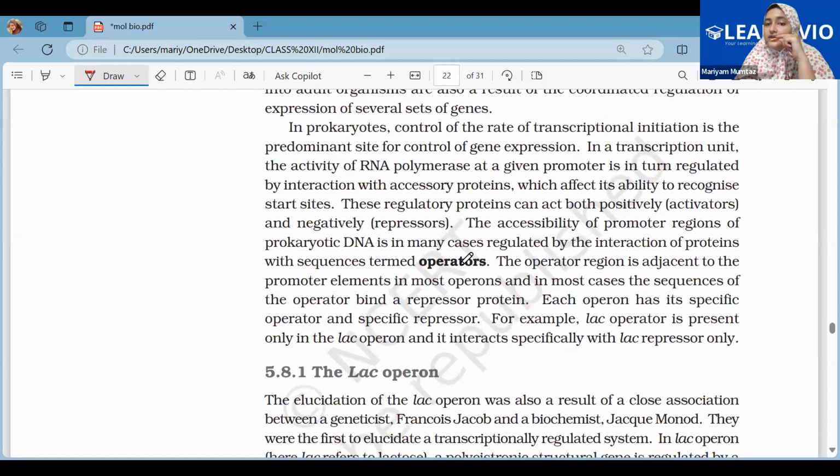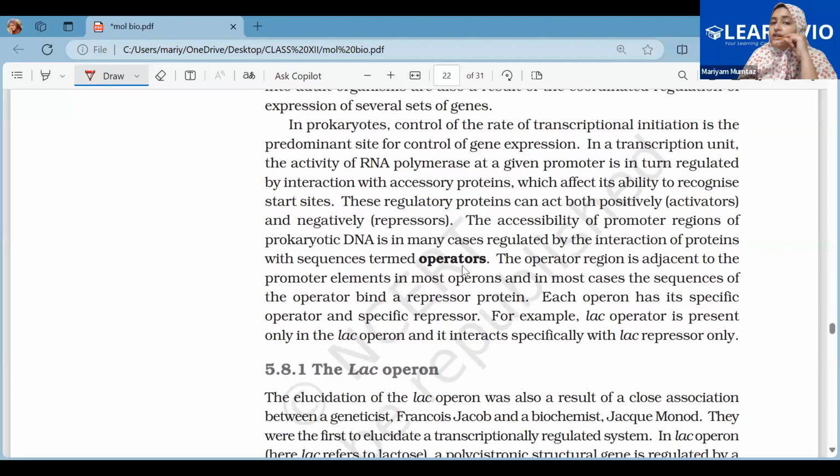Now, in prokaryotic organisms, the control of the rate of transcriptional initiation is the predominant site for control of gene expression. For example, if we have to stop gene expression, then at the transcriptional initiation, the point where initiation of transcription takes place, if we stop things then and there, no more gene expression will carry on.